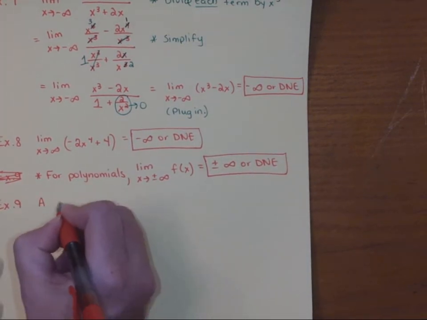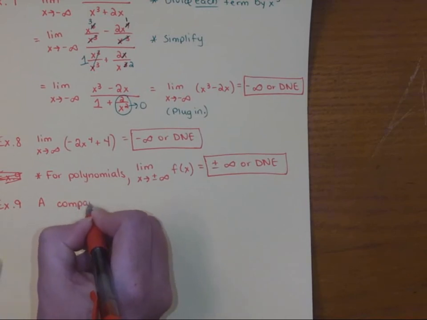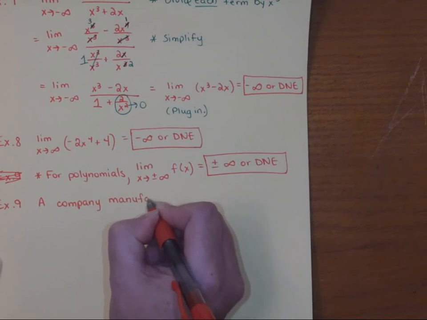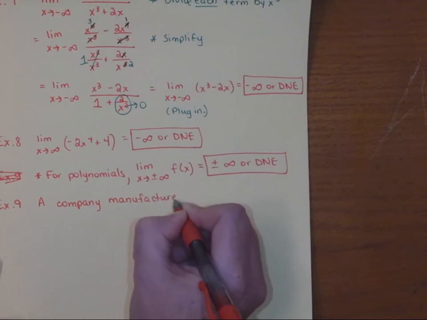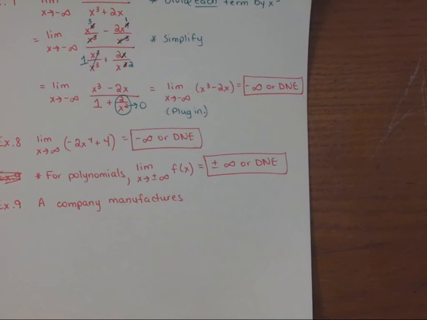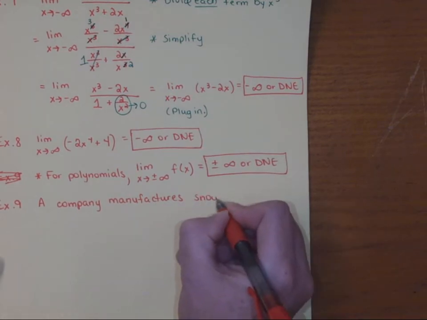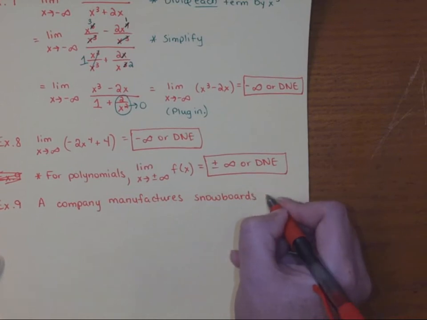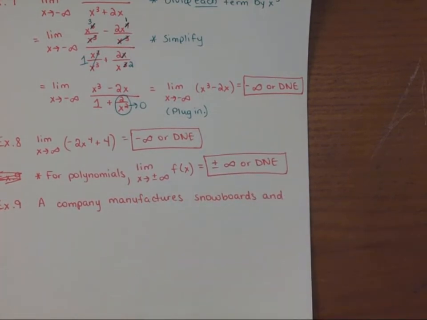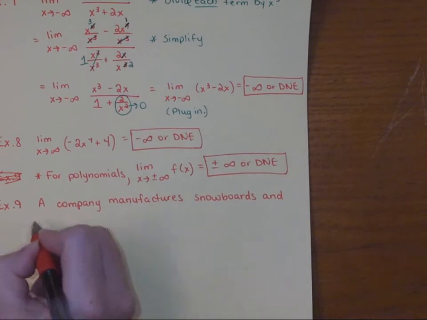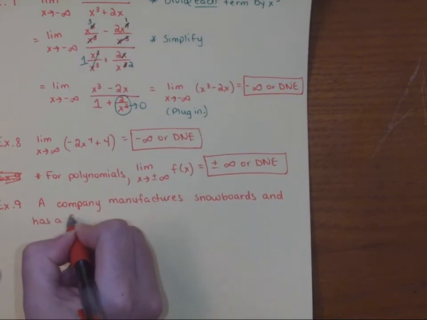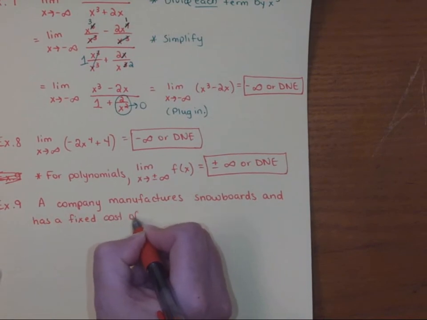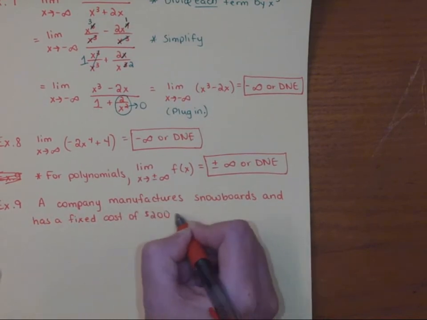All right, so for the last question of this lecture, we're going to look at our first application problem. So this class tries to relate some of these calculus topics to the business field. So we're going to kind of get our feet wet with a basic application problem today. So let's say a company manufactures snowboards and has a fixed cost of $200 per day.